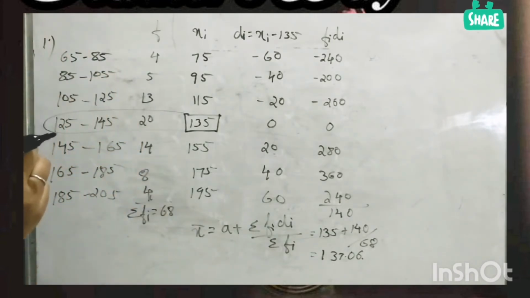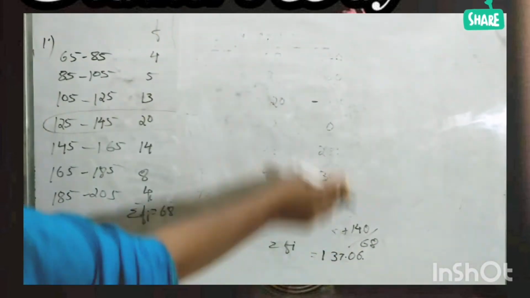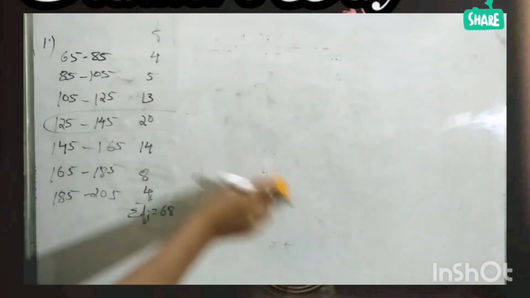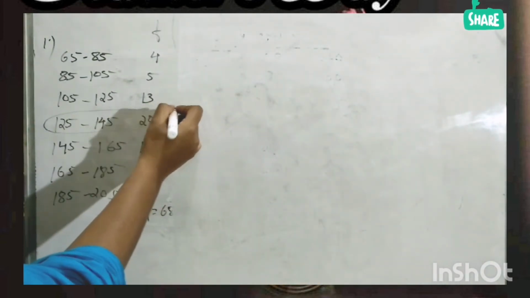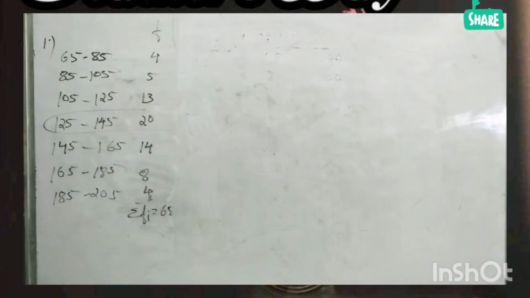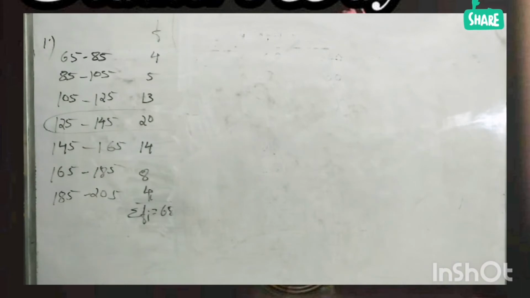And now we are going to find out the mode. To get the mode, first we need to look at the modal class. The modal class is the class with the highest frequency. Just go through that frequency column, and we can see that 20 is the highest frequency.